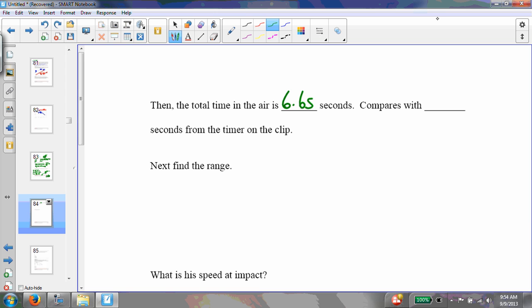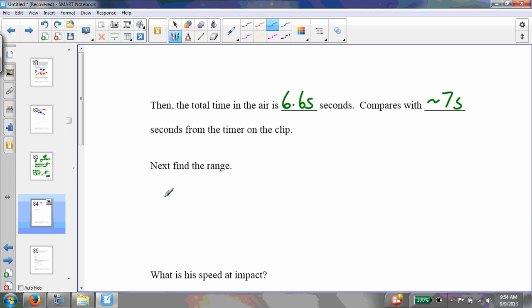You find that it's about 7 seconds. So that's not completely absurd. And it also lends some credence to our assumption that the angle is 45 degrees, because 45 degrees will give you maximum time in the air, and any other angle will give you less time in the air.